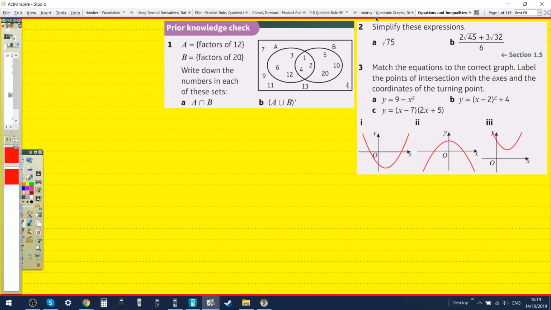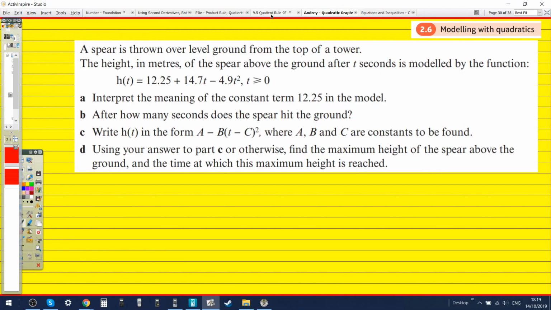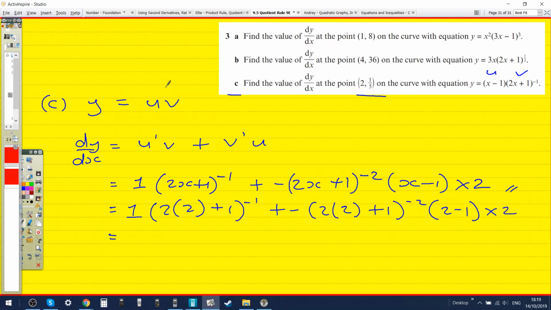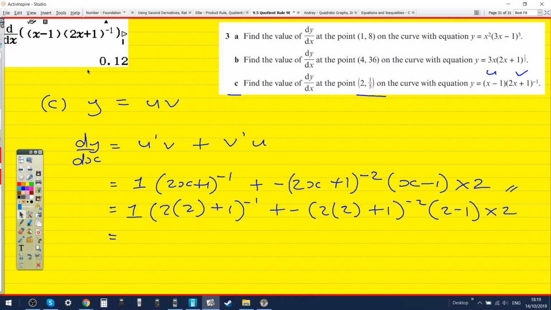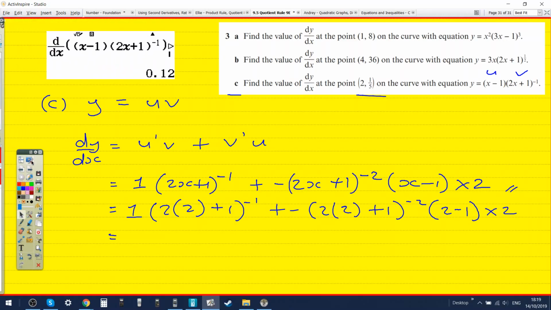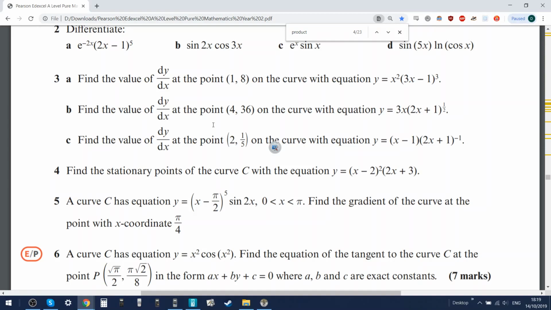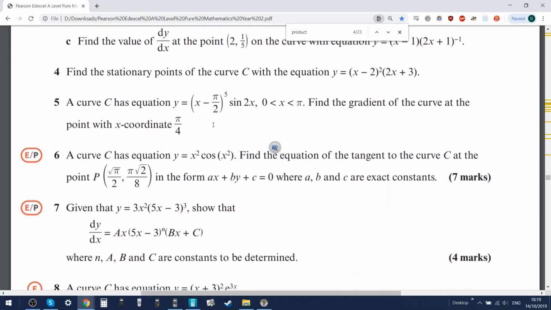There we go. Okay, so this will be a quicker way to do these, that you can just put them into the calculator like that. Find the gradient. Yeah, how about question 5?